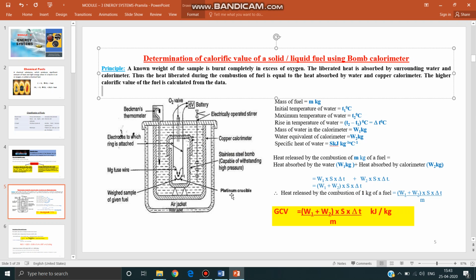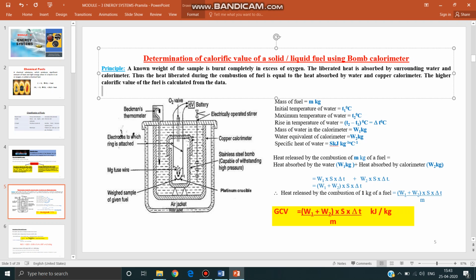Now, what's the construction? It consists of a stainless steel cylindrical bomb like this. This is the stainless steel bomb, and there is one platinum crucible. In this platinum crucible, we have to keep a weighed mass of chemical fuel. To this weighed mass of chemical fuel, we connect magnesium fuse wires to initiate the combustion process.